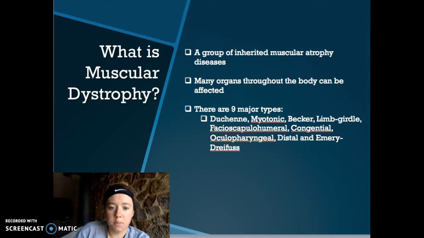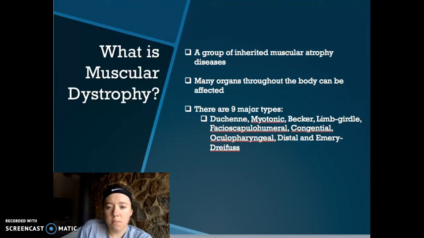Muscular dystrophy can affect many organs throughout the body, so the heart, muscular system, the stomach, many different organs throughout the body. And then I have listed here the 9 major types. So we're only going to focus on one, Duchenne, which is the one where the muscle protein dystrophin is defective and is not produced within the body.